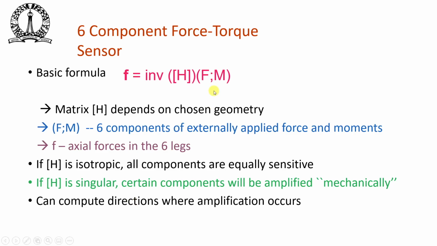If it is in a singular configuration, then some F and some M will give rise to large or infinite f. If it is a near singular configuration, then it will give you large small f. We can compute these directions, and in these directions some amplification will be happening as compared to the other directions.